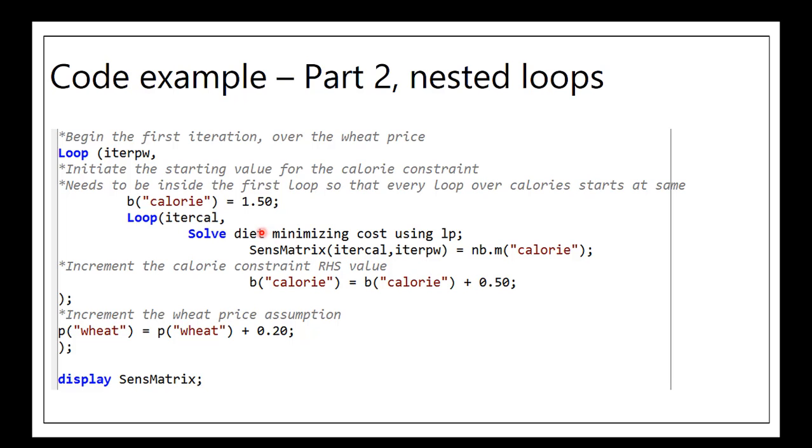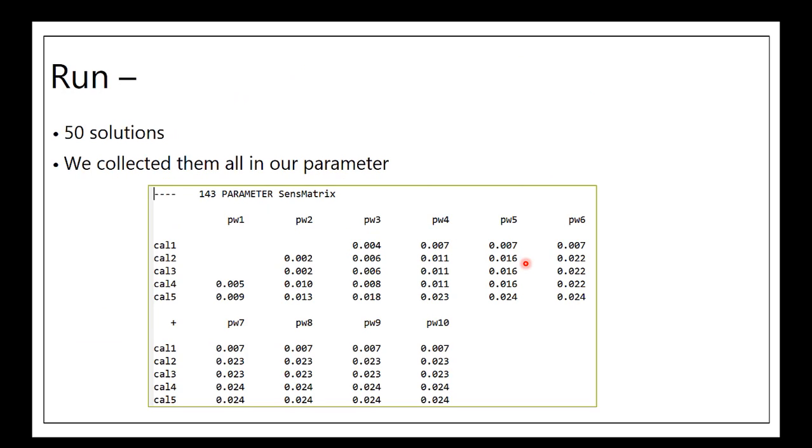It says whatever the current iteration on the calories and the current iteration on the price of wheat is, use those two indexes and set that price. When you run it, you end up with 50 solutions. We've got 10 iterations on the price of wheat, 5 on the calories, and this is what you get. And that's what we're going to play around with a little bit as we go back into our example and talk about parametric programming as a technique just a little bit.